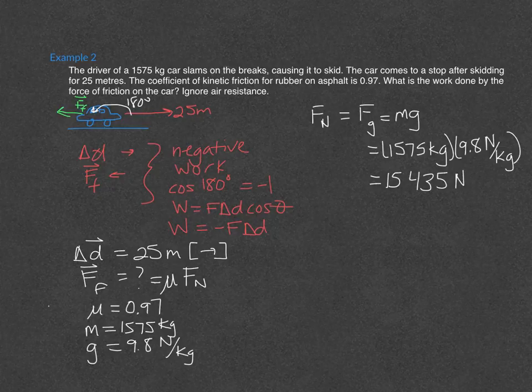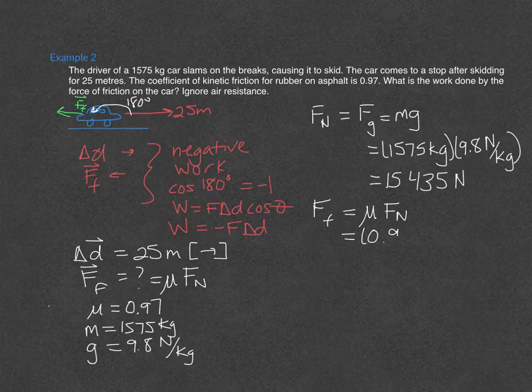Once we know the normal force, we can find the force of friction using our formula that the force of friction is equal to the normal force multiplied by this coefficient of friction, and that coefficient of friction just depends on what surfaces we have. So I'm going to then find force of friction is equal to that coefficient multiplied by the normal force.